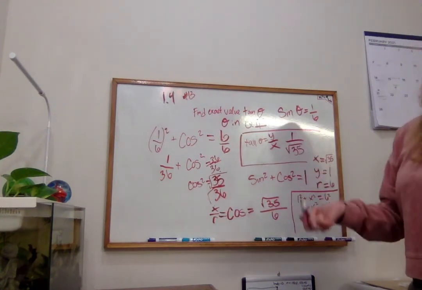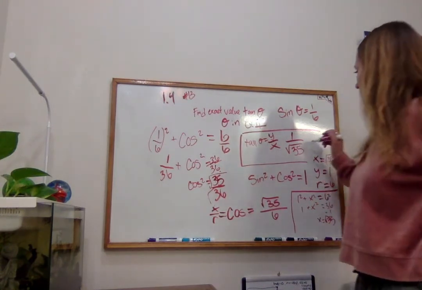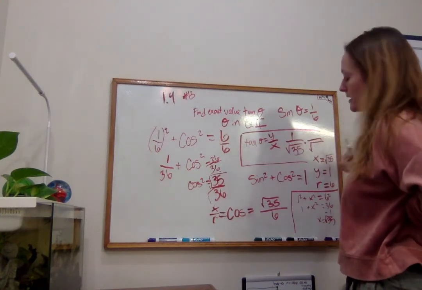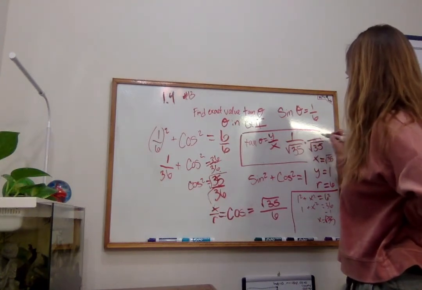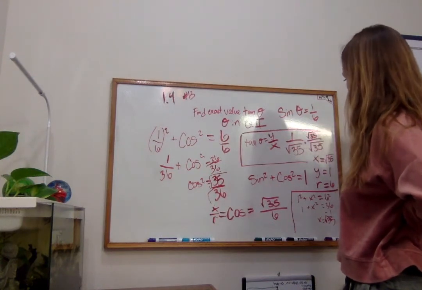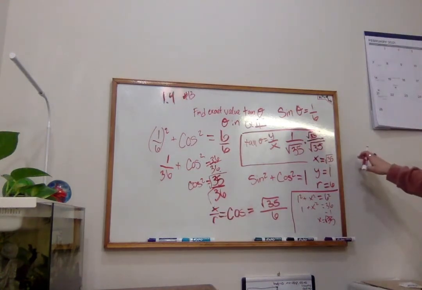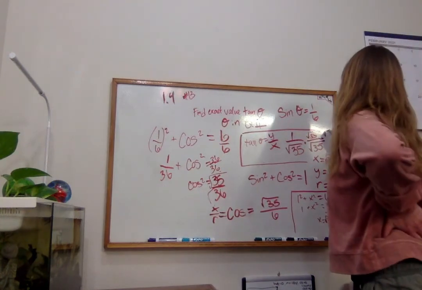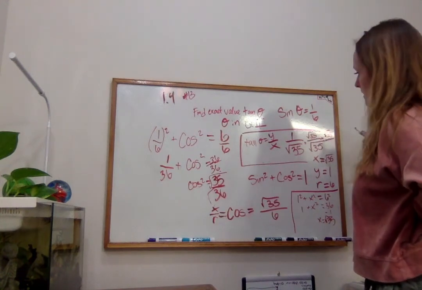I cannot have a radical in the denominator, so I need to multiply the bottom by the square root of 35. And that will give us negative square root of 35 over 35.